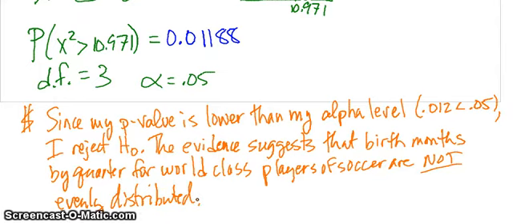All right, so there's chi-square goodness of fit. Hopefully this will help you better understand the concepts for the chi-square goodness of fit test.